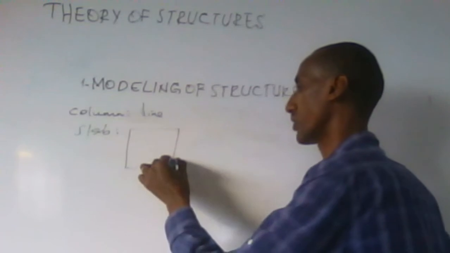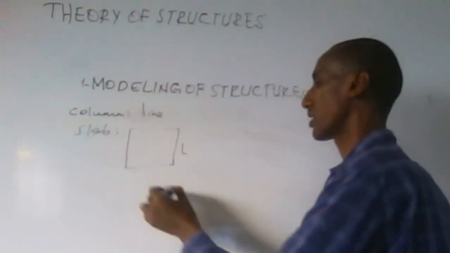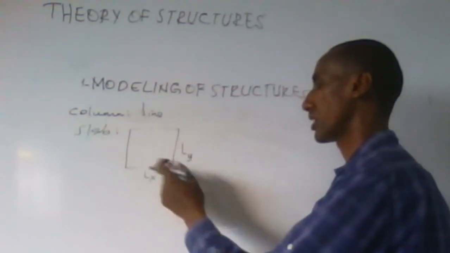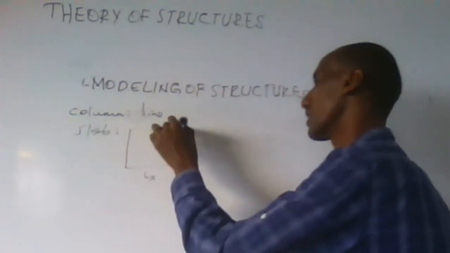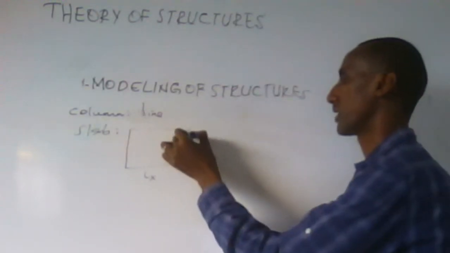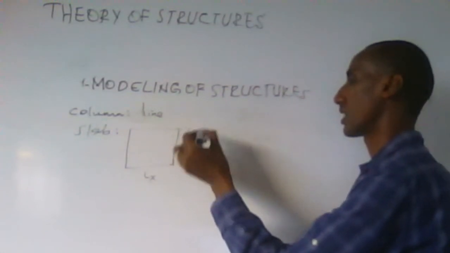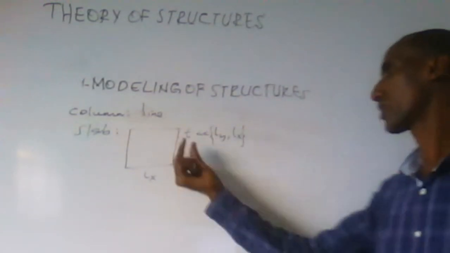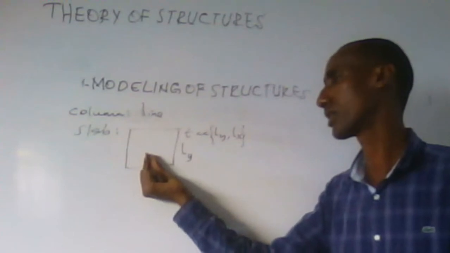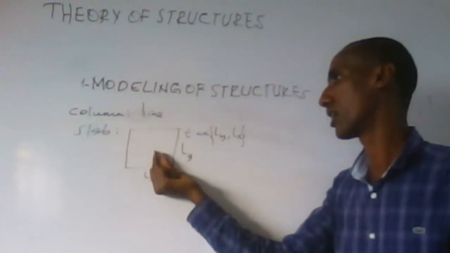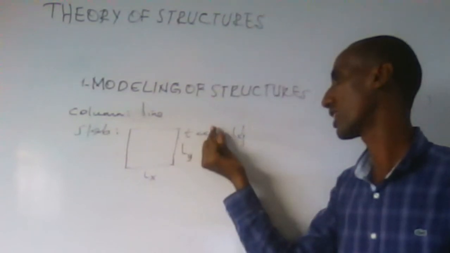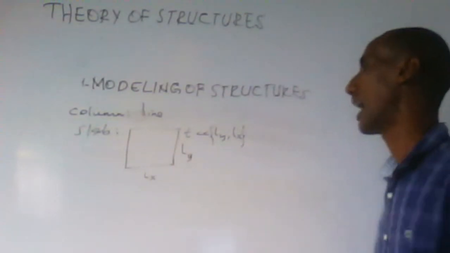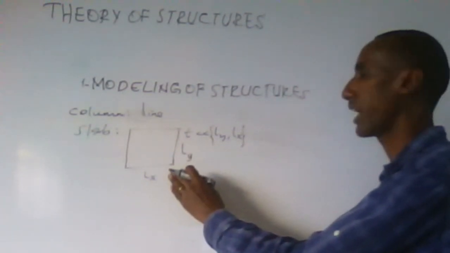If this is the top view of a given slab, with one side Ly and another Lx, one longer and one shorter, or maybe equal, the thickness is much less than either of these two values. So if the thickness of this horizontally aligned structural element, the slab, is much less than either of its sides, then we can represent the slab as a 2D element or a 2D structure.